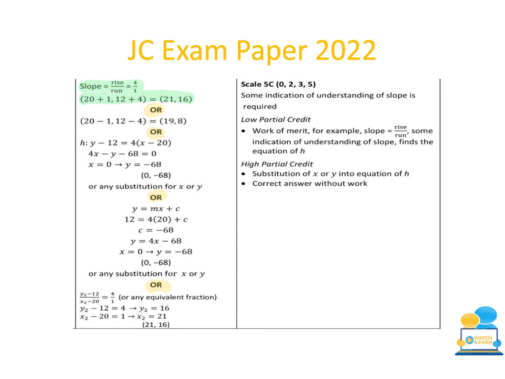Again, looking at the marking scheme on the right hand side, we can see that this was out of 5. And we had low and high partial credit for that. So for your low partial, you were going to get 2 marks out of 5 for this. And for your high partial, you were going to get 3 marks. For low partial credit, they said if you're able to say the slope is equal to the rise over the run, which is the formula we should know to find our slope, or any indication that you need to know the slope to find this.